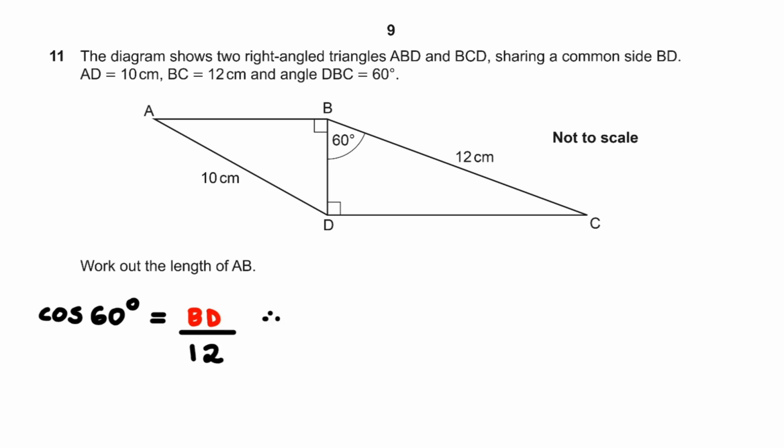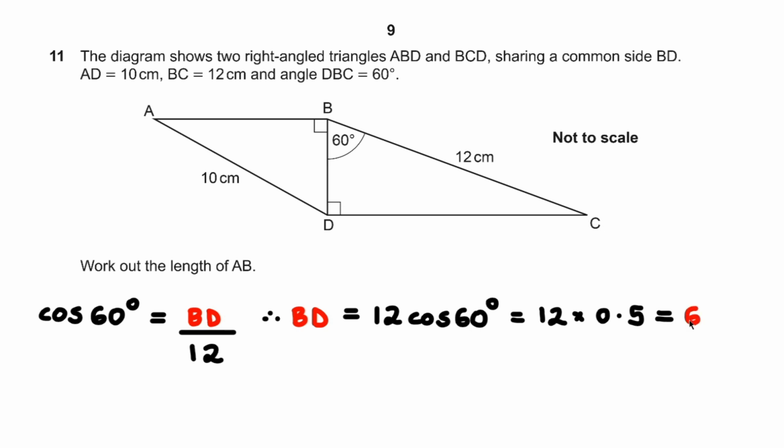So therefore, if we work out what BD is, BD is equal to 12 cos 60. Cos 60 is a half, so we have 12 times by a half, which is equal to 6. So we've got this length here, which is 6 centimeters.